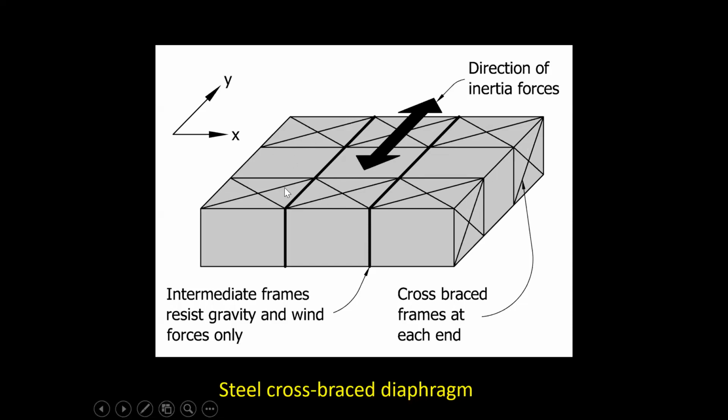And so all the inertia forces acting from the roof of this building, they have to be resisted by a horizontal truss, or two trusses in this case. And these trusses, their job is to transfer the forces into this cross bracing here and here.